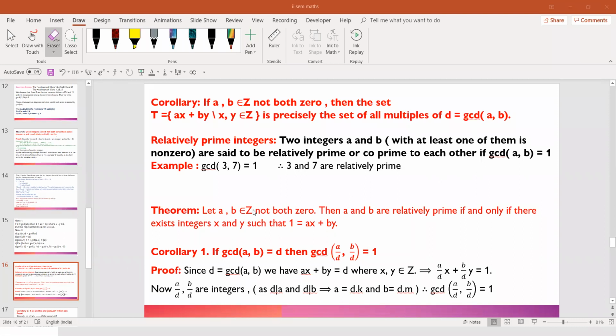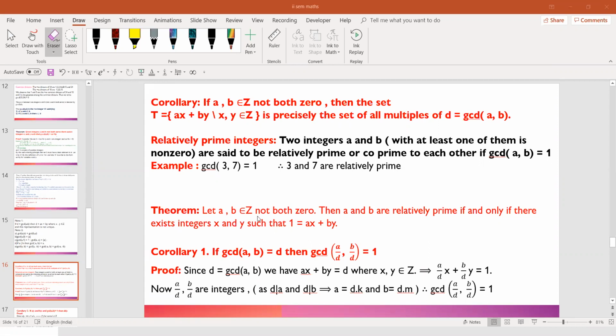Now, one theorem based on this. Two integers are relatively prime if and only if there exist integers x and y such that 1 equals ax plus by. If they are relatively prime, their GCD is 1, and GCD can be written in the form ax plus by. That is already proved. So here d equals 1.